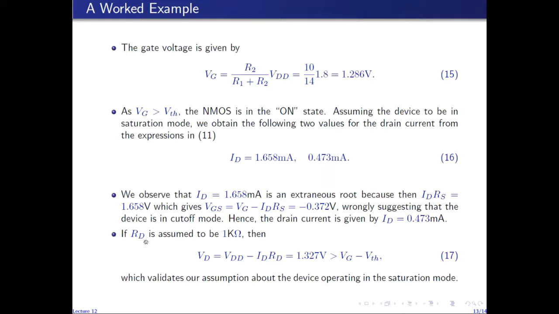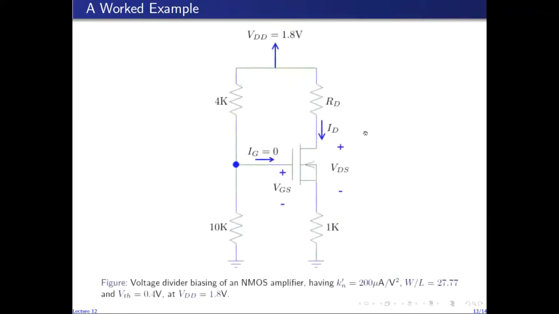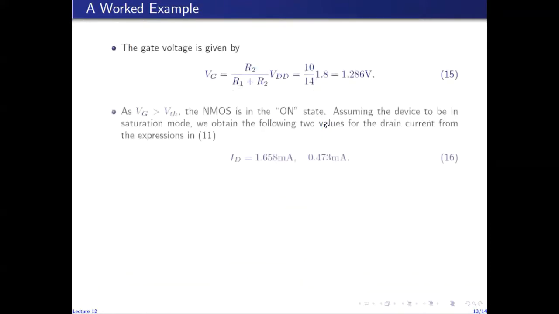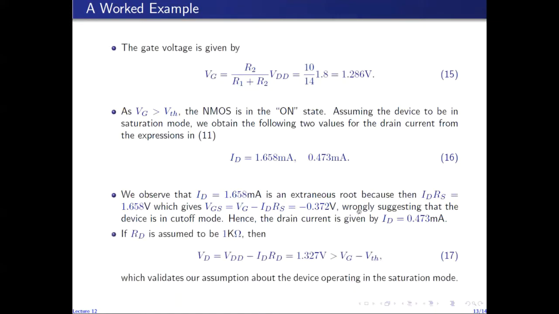So in the first case, I assume that RD is 1 kilo ohms. So using this value of ID, I can find the drain voltage. The drain voltage is given by VDD minus IDRD. So this comes out to be 1.327 volts.